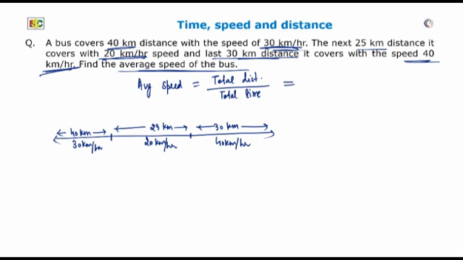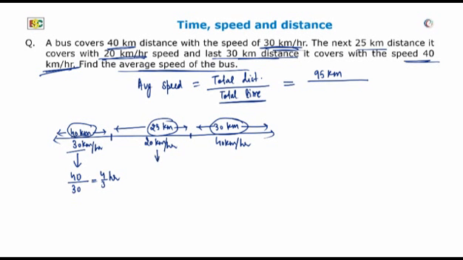Now we know the total distance, and that would be equal to 40 plus 25 is 65, plus 30 is 95 km. Now we have to calculate the total time. For the first part, time will be equal to distance upon speed, that is 40 upon 30 or 4 by 3 hour.